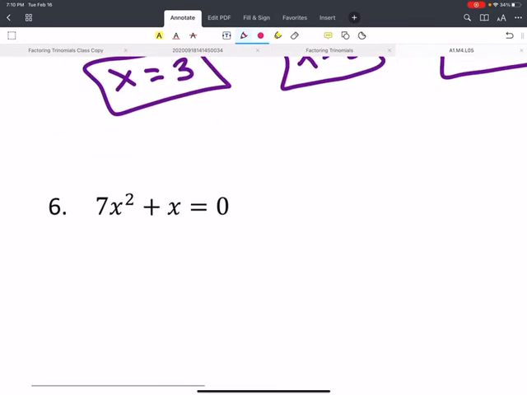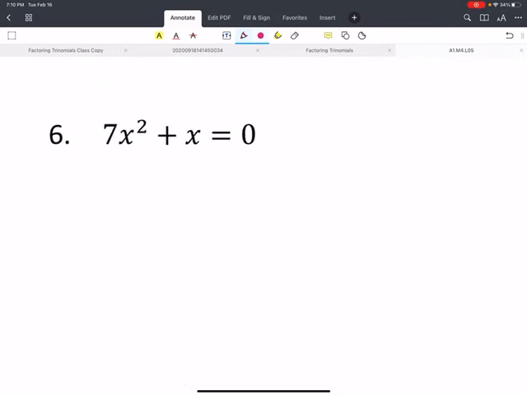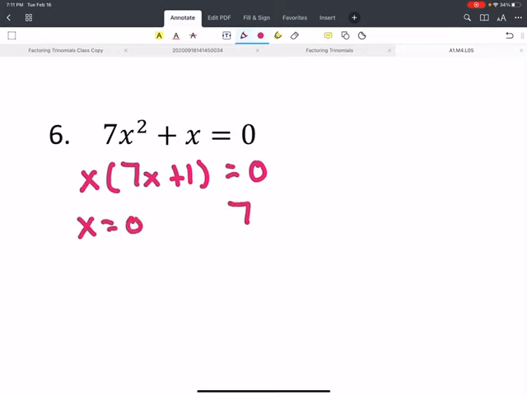Let's go to number 6. Okay, so on the left side, I need to factor. I see an x in both of those terms, so I'm going to factor out an x. Let's see, if I factor x out of 7x squared, that leaves me 7x plus 1. So I'm going to set x equal to 0. I'm going to set 7x plus 1 equal to 0.